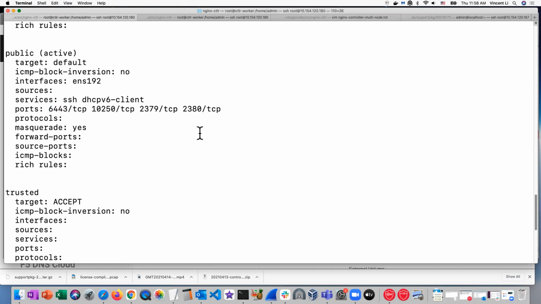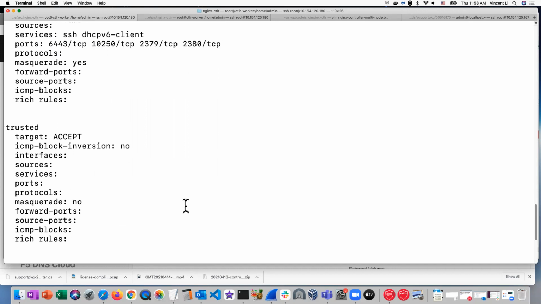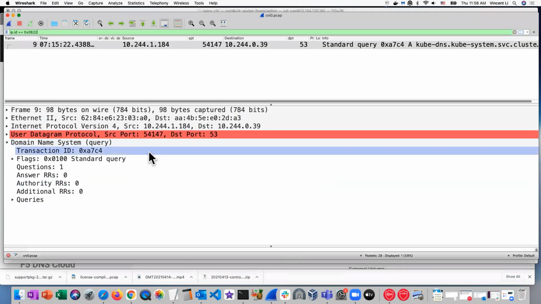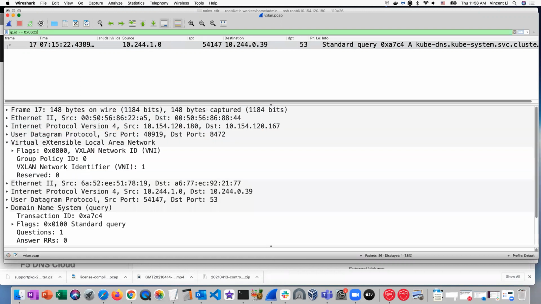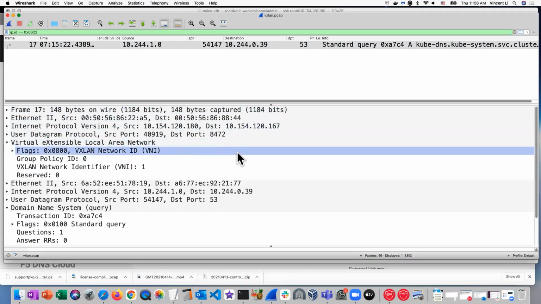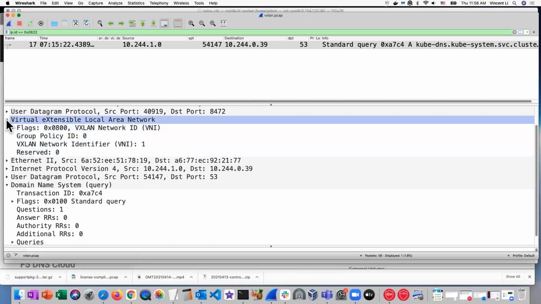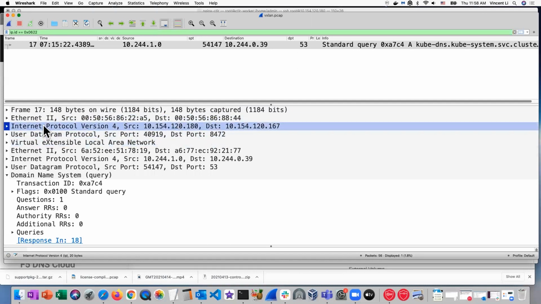And so it looks like, let's look at the VXLAN packet again here. Look at the outer IP header and the UDP header. Okay, so this is the outer IP header with the physical interface IP address.